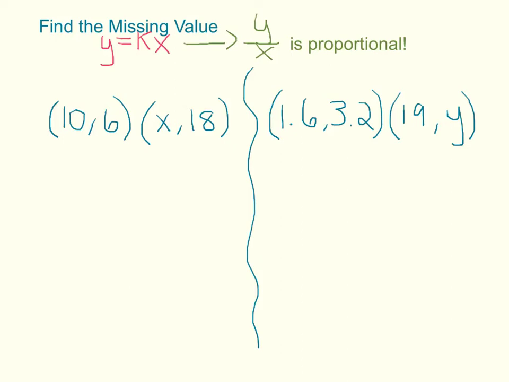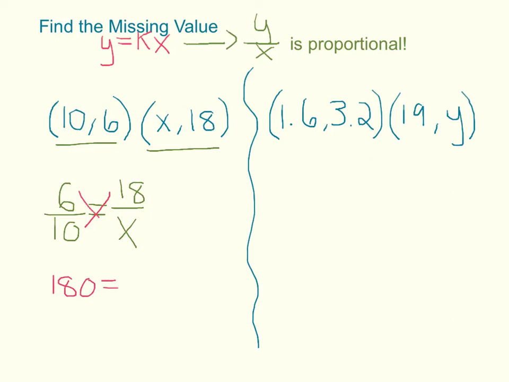The ratio y divided by x for my first point would be 6 divided by 10. This ratio will be equal to the same ratio at any other point, where y divided by x is 18 divided by x. Now we can solve this proportion by cross multiplication. 10 times 18 is 180, and that's equal to 6 times x, 6x. Now we just have to divide both sides by 6 to solve for x, and that would equal 30.